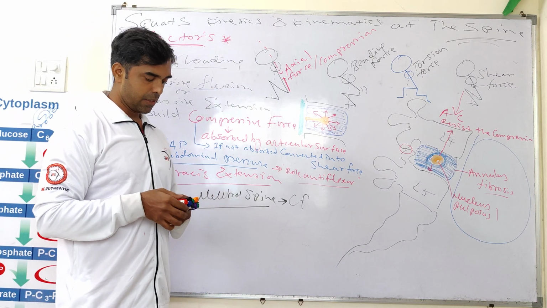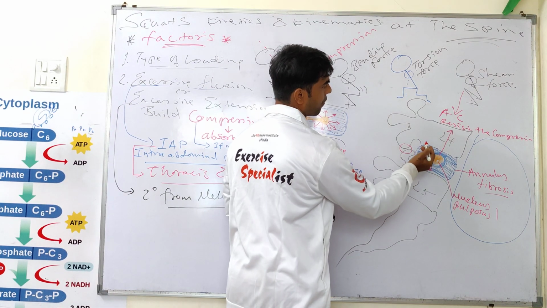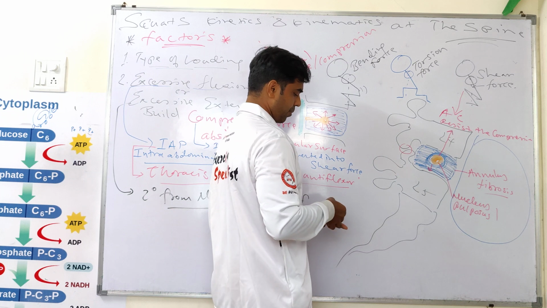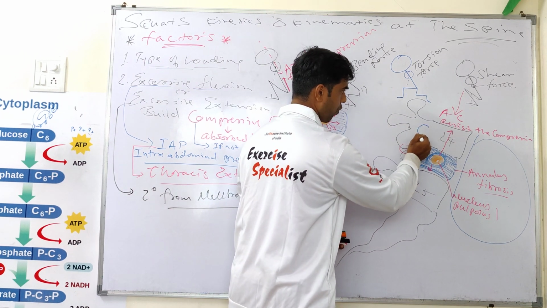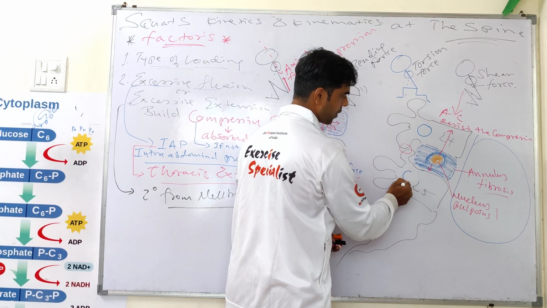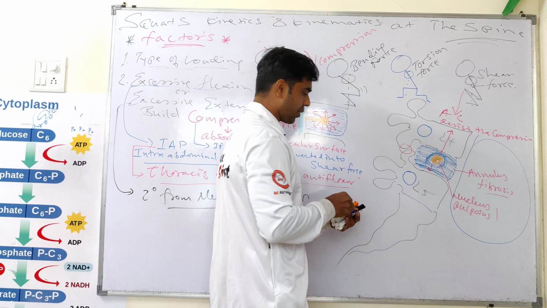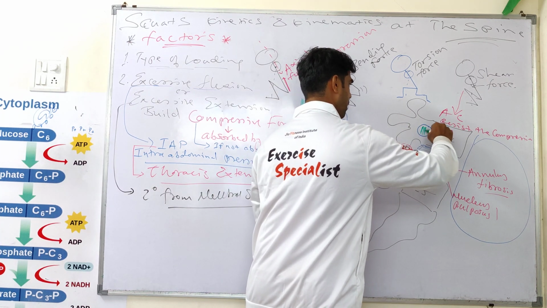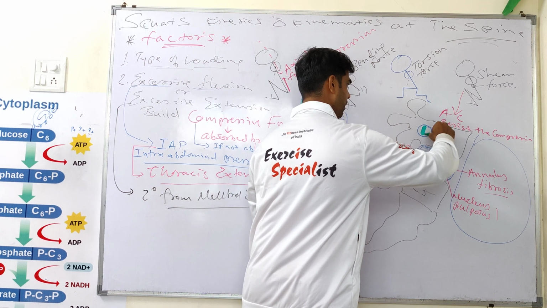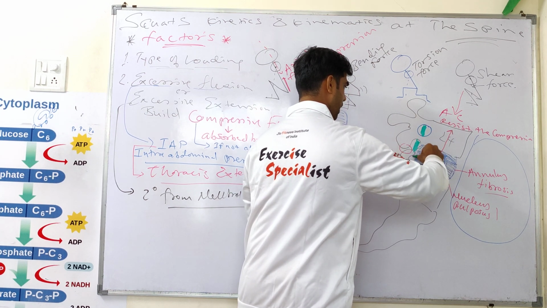How? That is the ligamentum flavum. Let me explain here. This is the vertebral foramen. The spinal canal is here and the spinal cord travels through this.